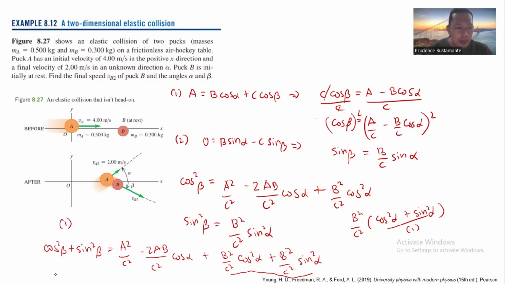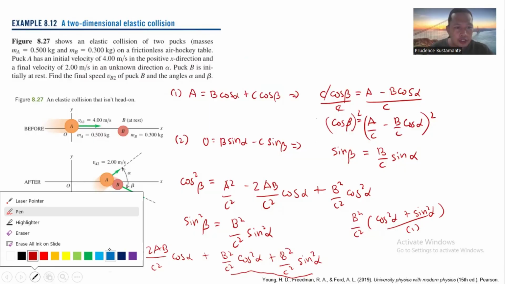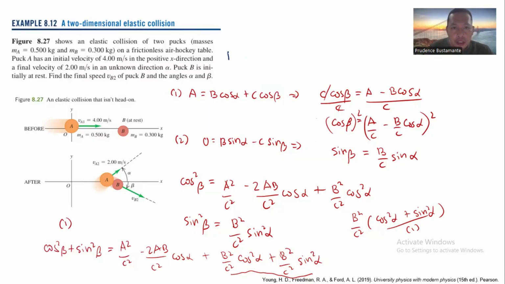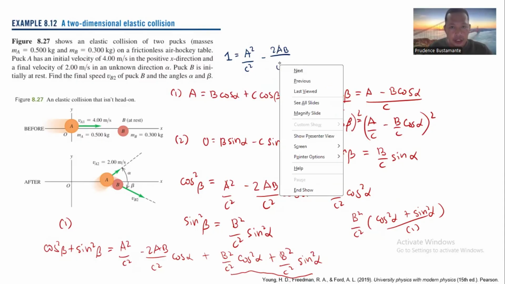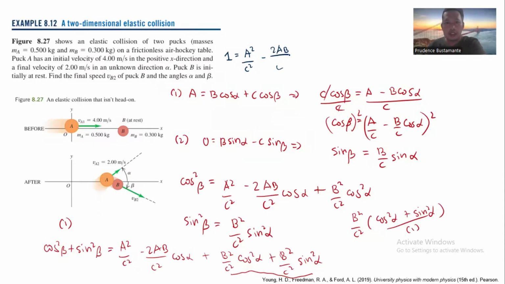So from that equation, we have 1 is equal to A squared over C squared minus 2AB over C squared cosine of alpha plus B squared over C squared.